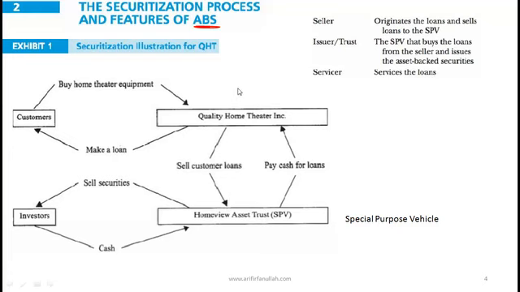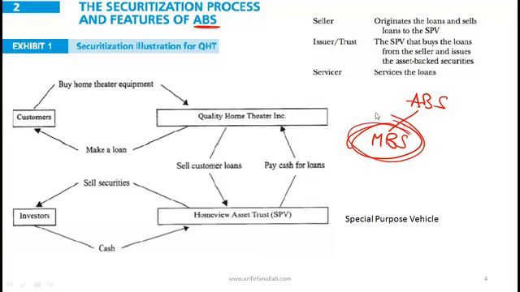Are all asset-backed securities mortgage-backed securities? No. So if I were to put this very briefly, the biggest category of asset-backed securities is mortgage-backed securities. Why do we talk about these separately? Why do we have a separate reading for mortgage-backed securities? Because this is a huge market.